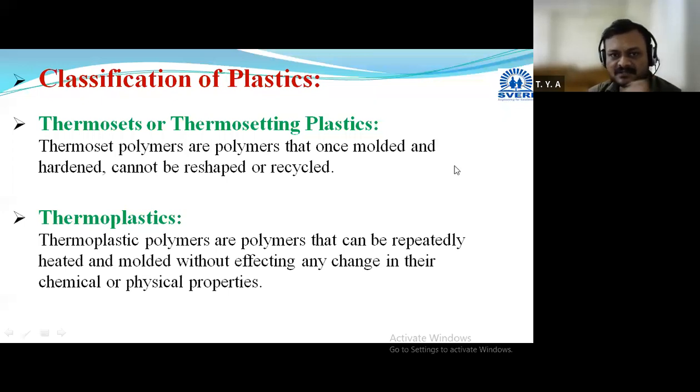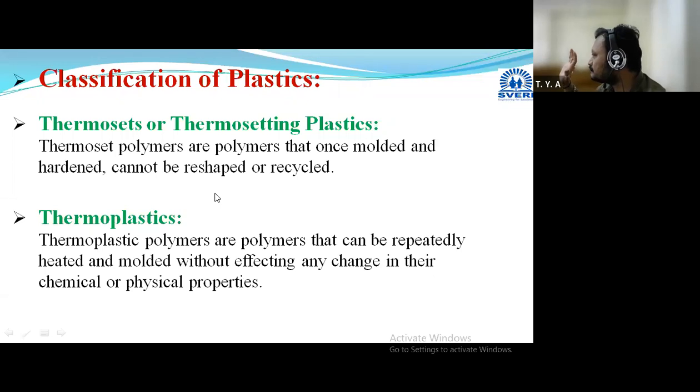Sorry for the disturbance. Now you can see clearly here. Two types of plastic materials are there: thermosetting plastic material and thermoplastics. Now please read it carefully. For these thermosets, you can do the molding process only once.